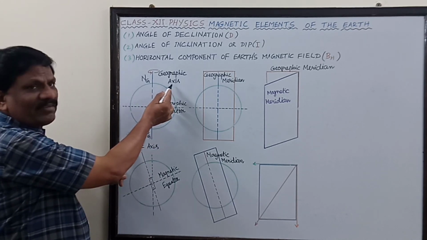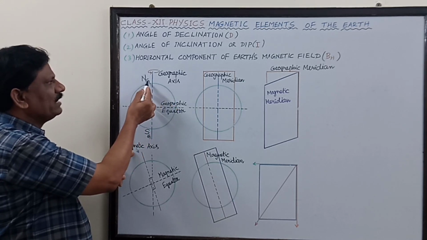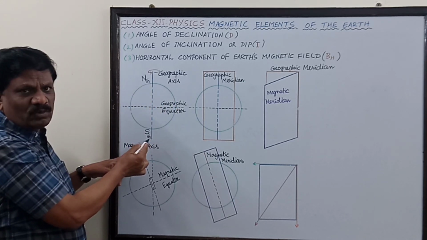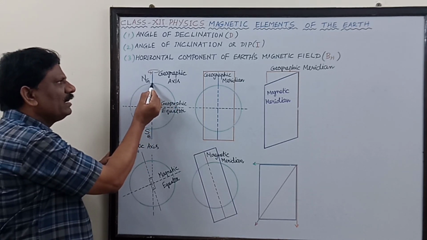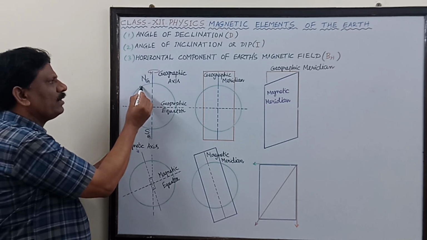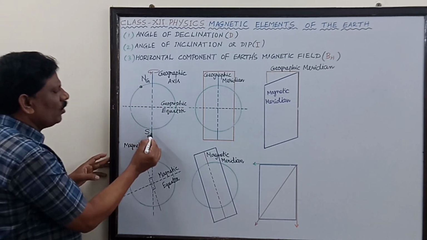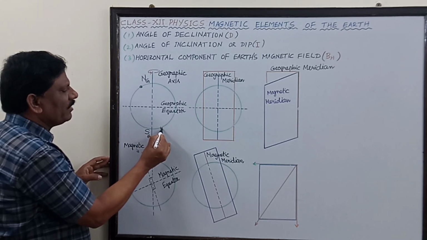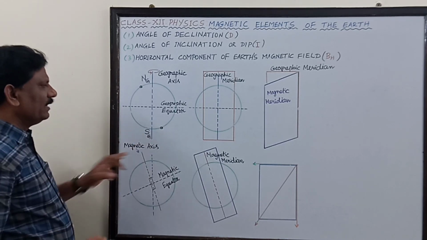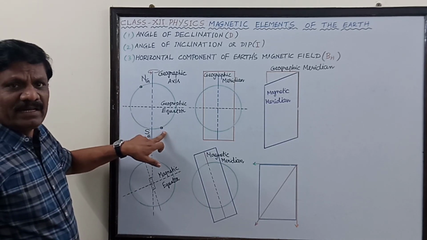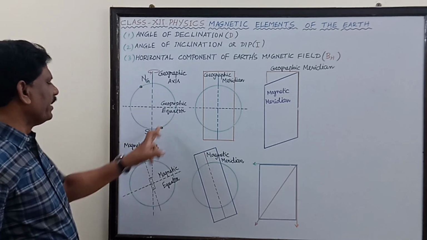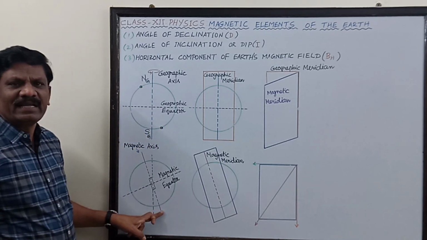Earlier we studied the geographic axis which is passing through the geographic north and the geographic south. Very close to the north there is a pole. This is the magnetic south pole. Very close to the south pole there is another point where the magnetic north is located. If you join these two points, what you get is called the magnetic axis.